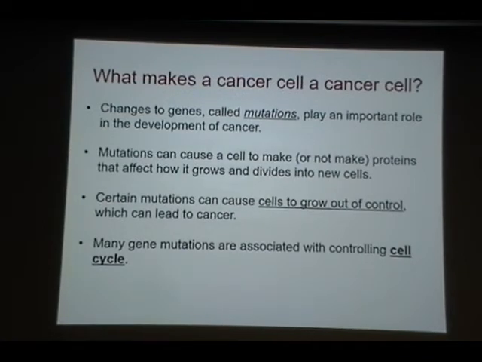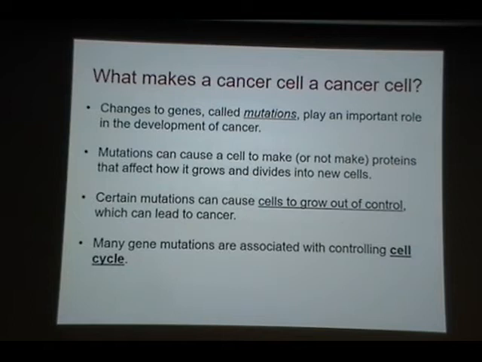Again, what makes a cancer cell a cancer cell? Personally, I believe most of the time it's changes to genes. Some people don't believe it; they believe environmental factors make the difference. But I believe it's the genes, called mutations. Those mutations play a very important role in the development of cancer.